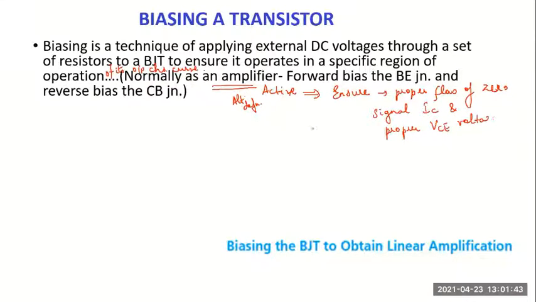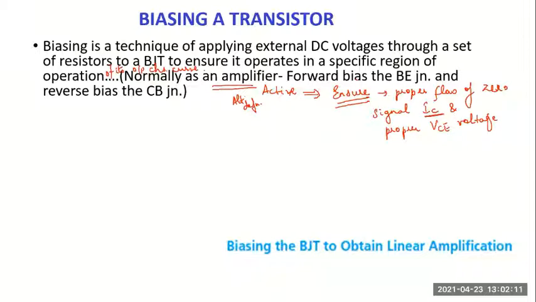What do I mean by zero signal? Which signal is zero? The AC signal is zero. Here we are talking with respect to DC only.